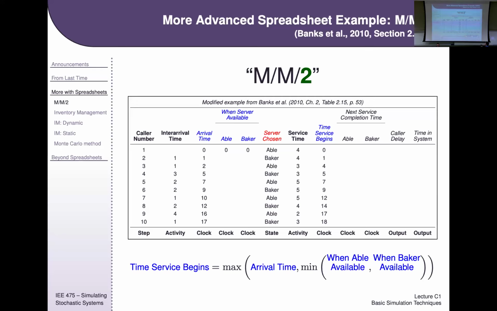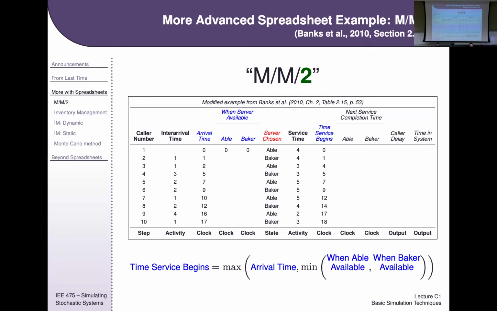Well, that is just going to have to do with whether we arrive to a busy system or an idle system. So if we look at the minimum of the two servers' availability times, that's the next time any service can be done. So it's the max here. If our arrival time is after the next time a server is available, then we will be the max.